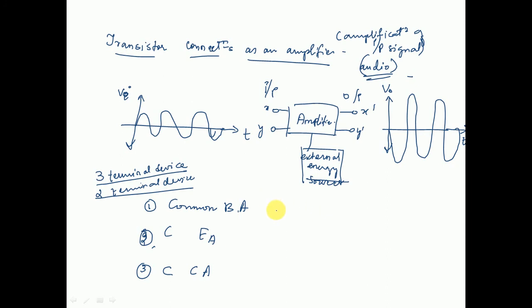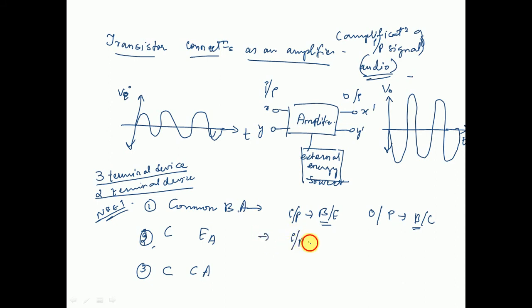In common base amplifier, please note this is your NEET hotspot. Direct questions will be asked based on the data that I am providing you right now. In common base amplifier, your input is the BE junction and the output is your BC junction, right? So the base is the common, that is why common base amplifier.